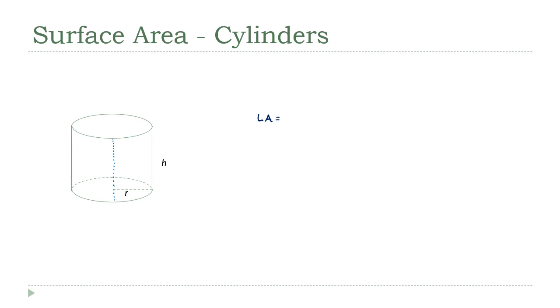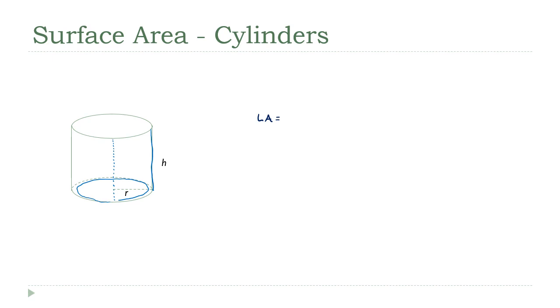And we know what the area of a rectangle is. It's the base times the height. Well, the height of the rectangle is going to be h, and the length is going to be this piece here. Well, that's the circumference of the circle. We have a formula for the circumference of a circle. It's 2 pi r.